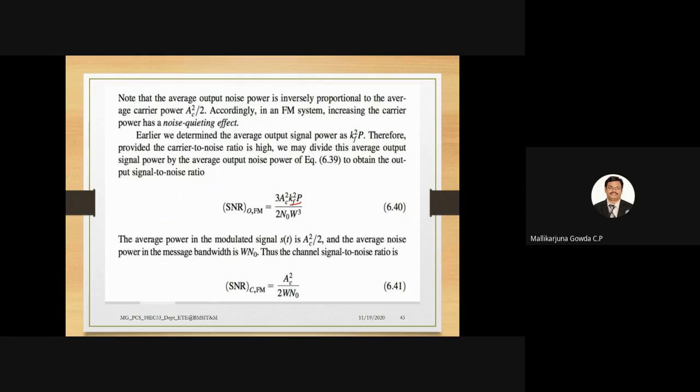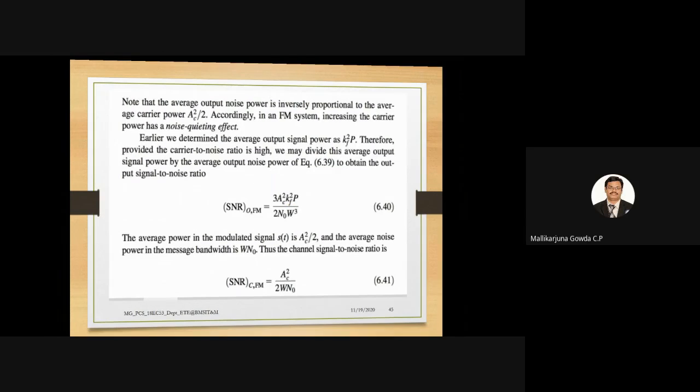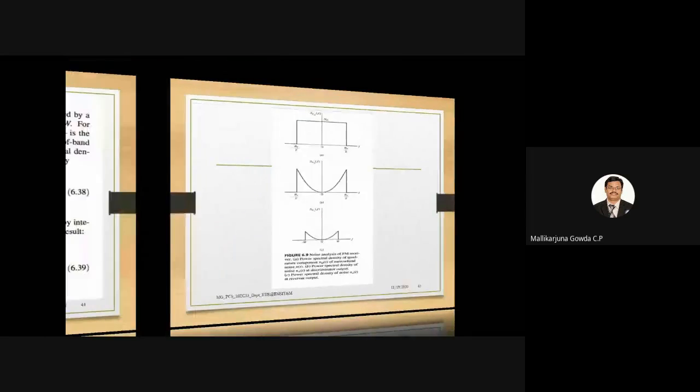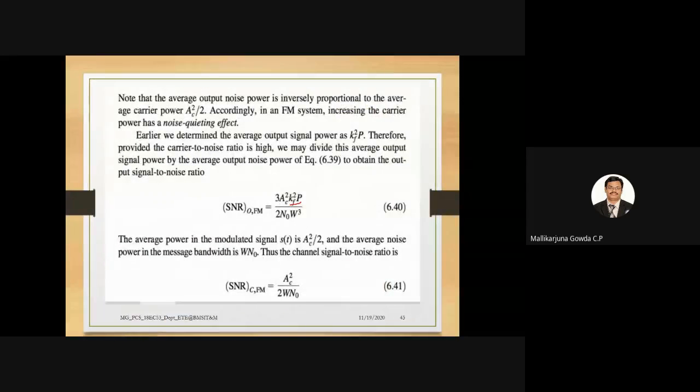In the previous slide I showed the average output noise power, which is 2 N0 W cubed by 3 Ac squared. So this 3 Ac squared will come into the numerator. I hope you will substitute and see. Yes, 3 Ac squared into K squared f P divided by 2 N0 W cubed will be the expression for output SNR.